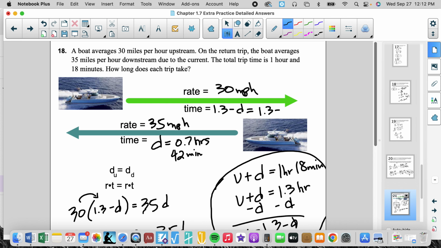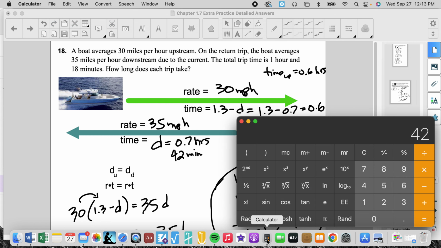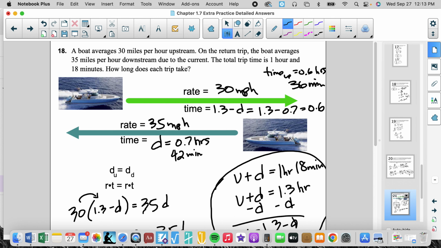So 1.3 minus 0.7 gives us 0.6. That would be our time going upstream, time up. 0.6 hours, or 0.6 times 60 gives me 36 minutes upstream. So, that doesn't make sense.